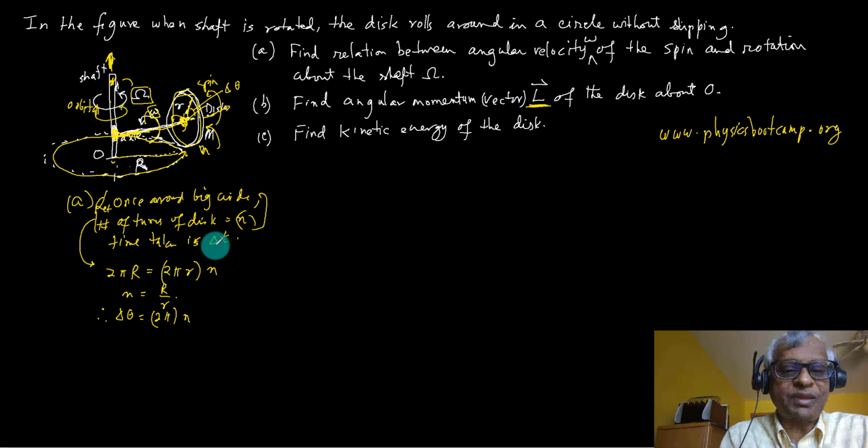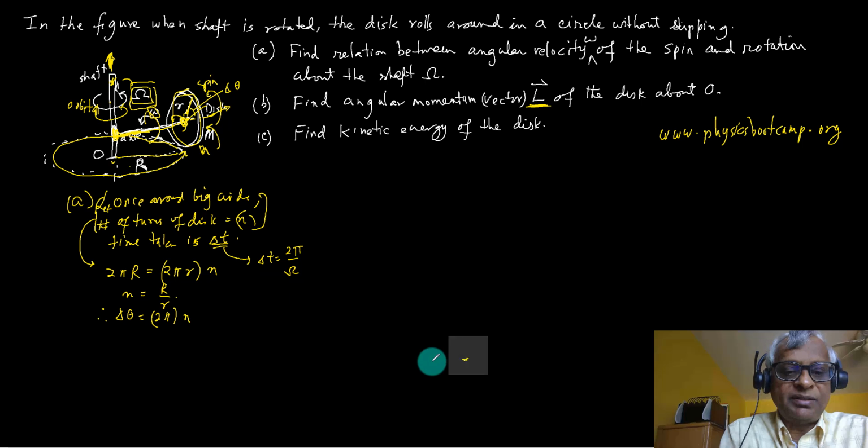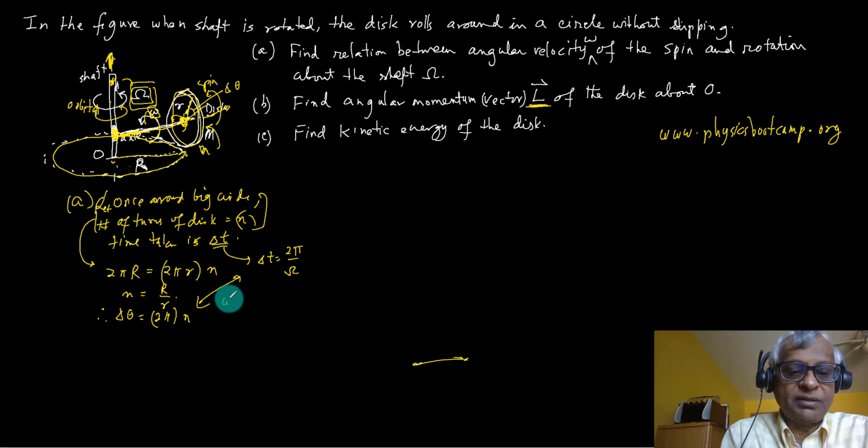Okay, so now we need delta t. Since I went one time around with big omega, delta t will be 2 pi over omega, just from the definition of angular velocity, right? So I have delta t and delta theta, and I can get little omega equal to delta theta over delta t, where delta theta is the rotation of the disk.